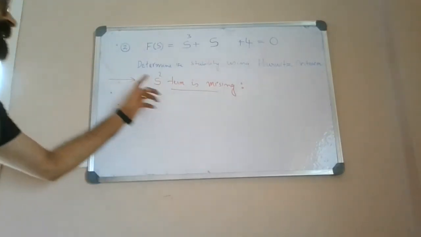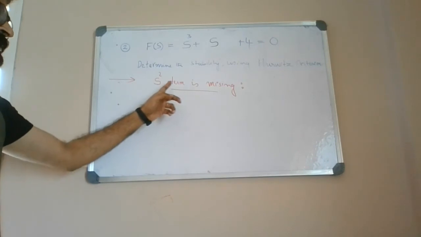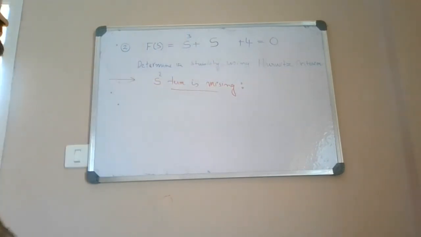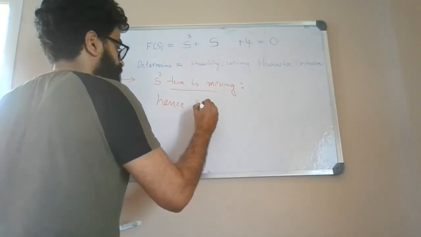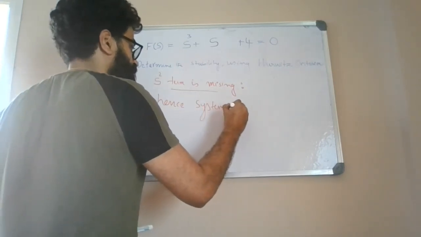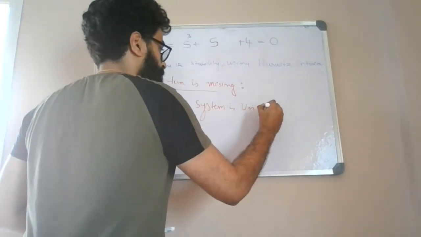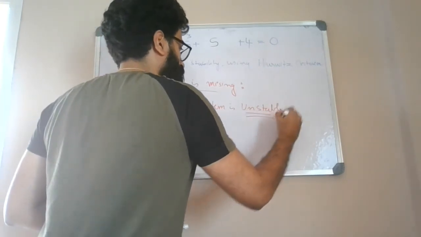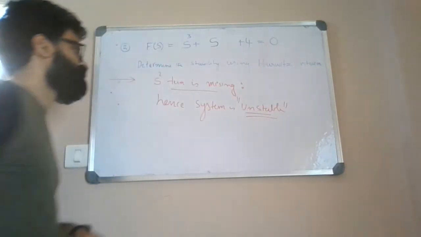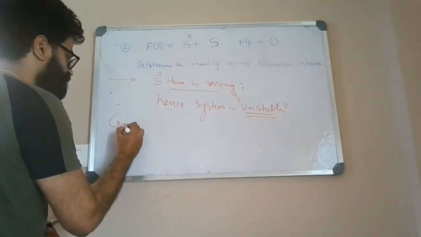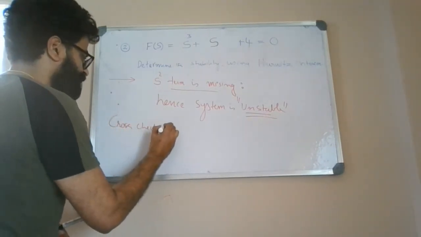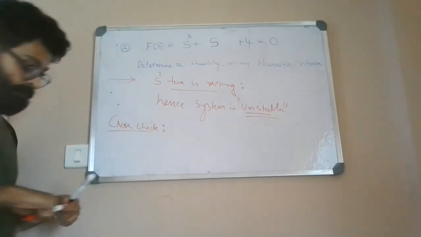Over here you have the s square term missing in the characteristic equation. Hence you can directly say that the system is unstable due to the missing term, which is s square in our case. Okay. You can also do a cross check. A quick cross check is always advisable.